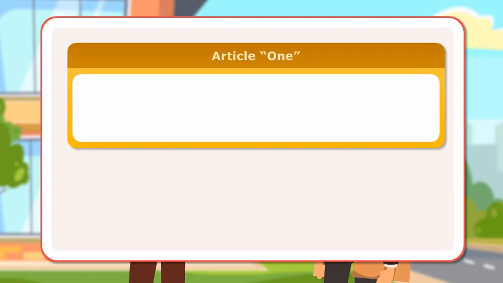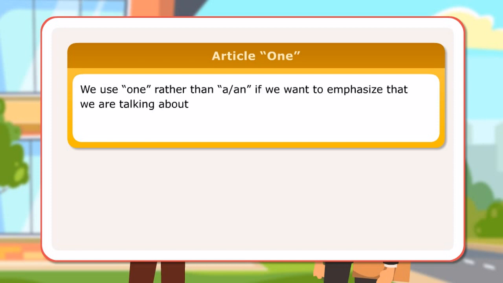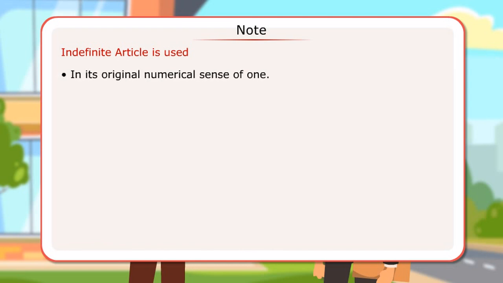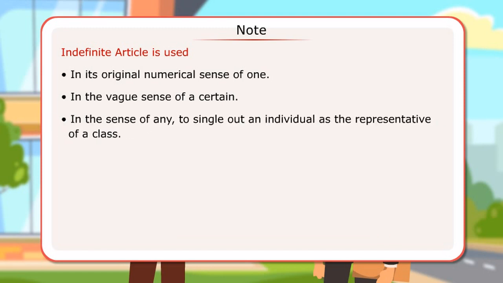Article one. We use one rather than a or an if we want to emphasize that we are talking about only one thing or person rather than two or more. Note: the indefinite article is used in its original numerical sense of one, in the vague sense of a certain, in the sense of any, to single out an individual as the representative of a class, and to make a common noun from a proper noun.